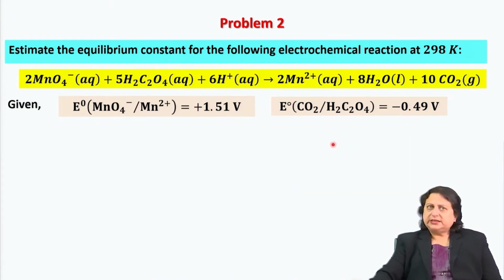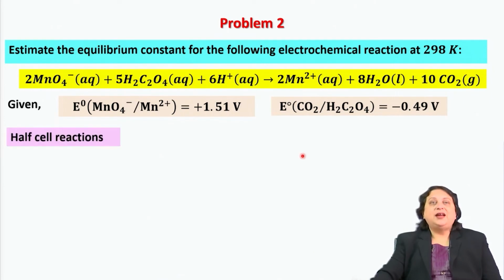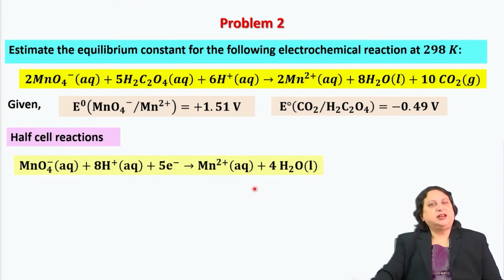In order to estimate the equilibrium constant, I know that my starting point would be writing down the half cell reactions. What is the half cell reaction that I am talking about? MnO4 minus aqueous plus 8H plus aqueous can take up 5 moles of electrons.